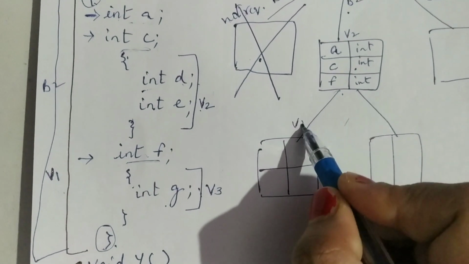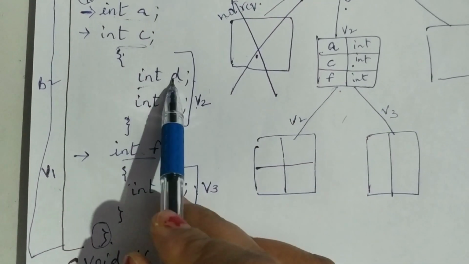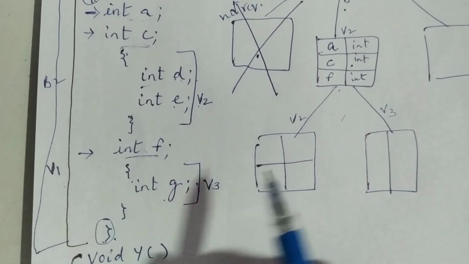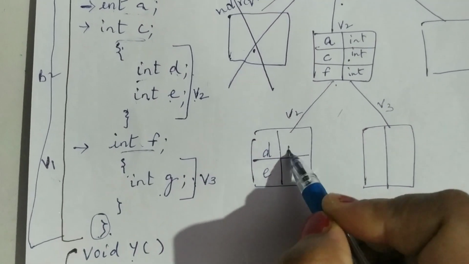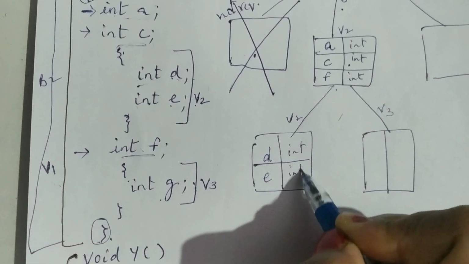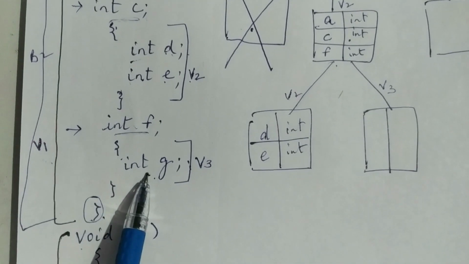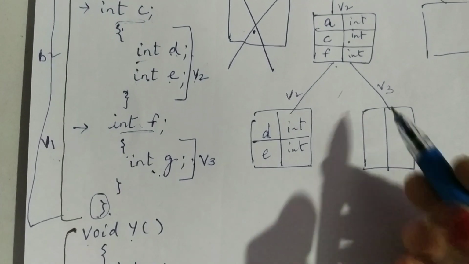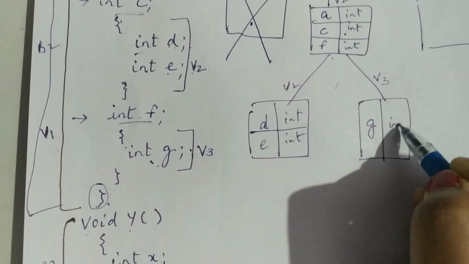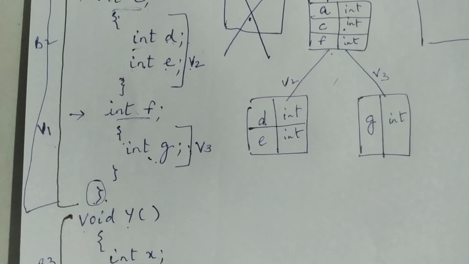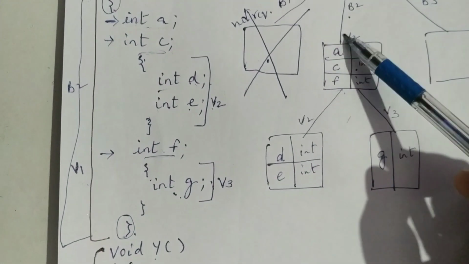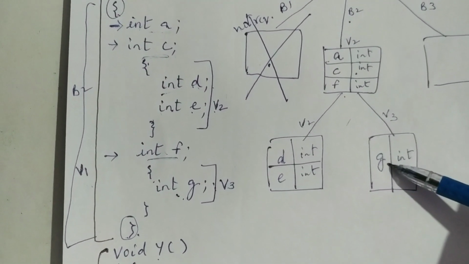V2 के अंदर आपके पास 2 वेरिएबल्स हैं, दैट इज D एंड E ऑफ टाइप इंटीजर. सो here D and E will be stored of type int, and in V3 we have only one variable, that is G, which is stored of type int. In this way block 2 will be elaborated.